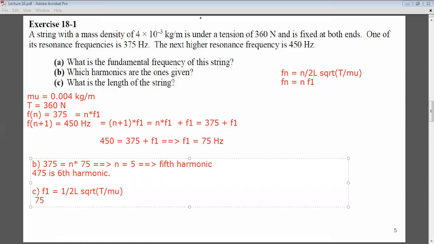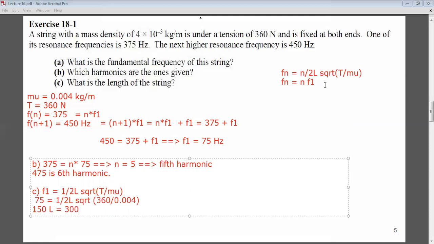F1 is 75, equal to 1 over 2L square root of T, which is 360, divided by mu, 0.004. 75 times 2L is 150 L, equal to the square root of 360 divided by 0.004, which is 300. This implies L is equal to 2 meters.